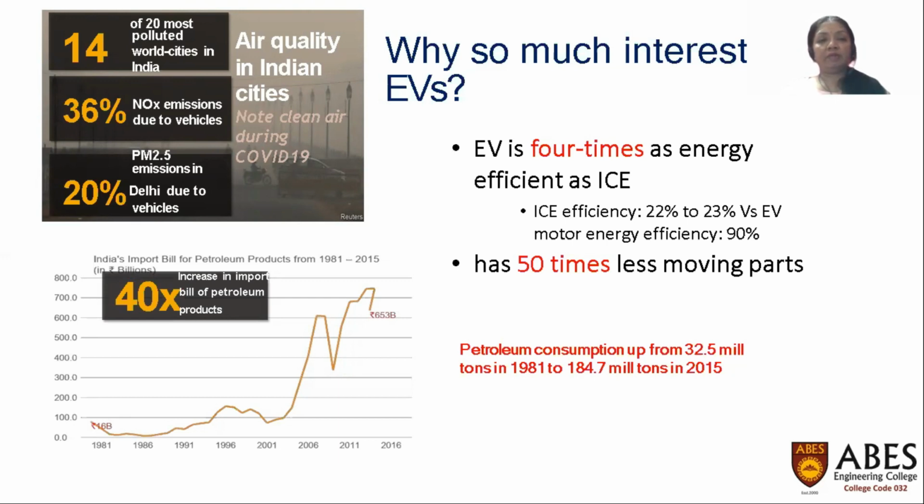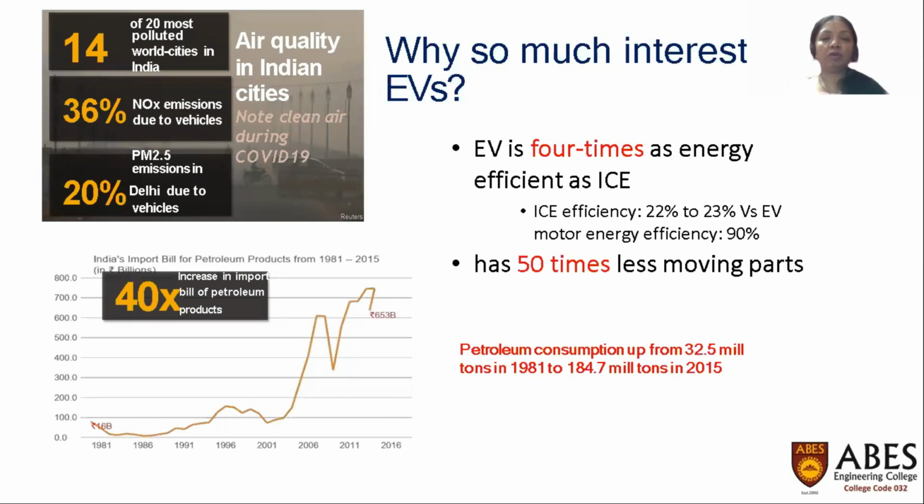And for becoming a developed country, we need to increase our exports and reduce our imports. In reducing imports, crude oil is one of the major entities, and this crude oil import can be reduced only by shifting the present transportation industry from automobile to electric vehicle.